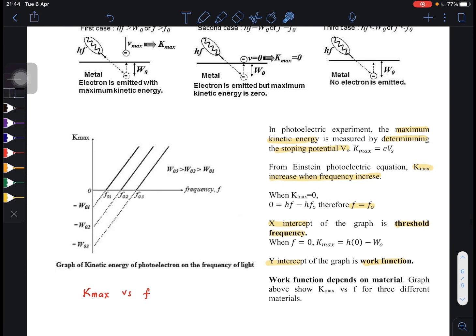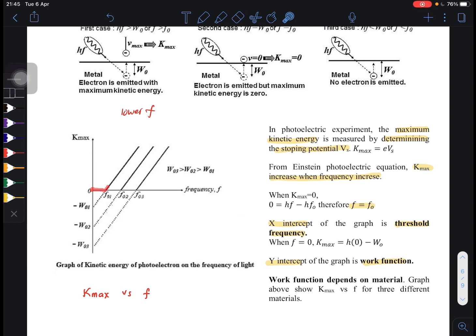And then last one, this graph of kinetic energy against the frequency. So we have kinetic energy against the frequency dekat sini. So here, initially, if we have lower frequency, daripada sini start daripada kosong, electron tu tidak akan dapat keluar kan kalau lower frequency. Tapi kalau dia higher frequency, electron akan dapat keluar.